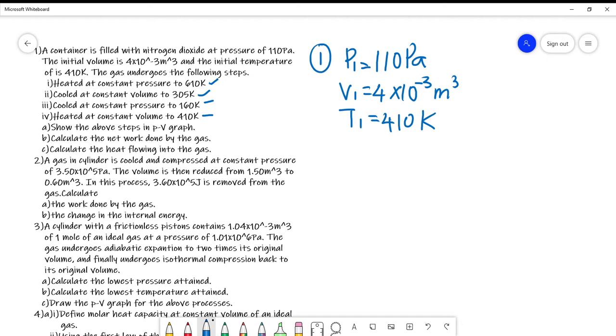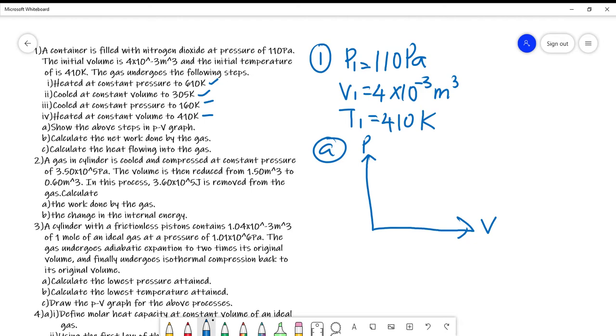For the first question, show the above steps in a PV graph. So I have my PV graph. This is my P and this will be my V. For the first step, heated at constant pressure.